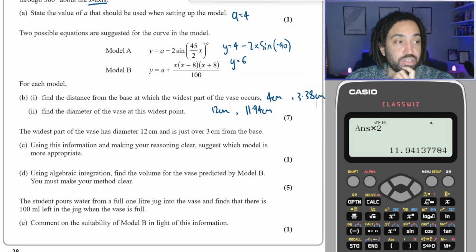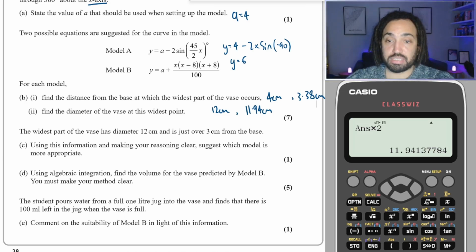Now it says, using this information and making your reasoning clear, suggest which model is more appropriate, given that the diameter is 12 and it's just over 3 centimeters from the base. Well, you can see that both have a diameter pretty close to 12, so that's not really comparable.